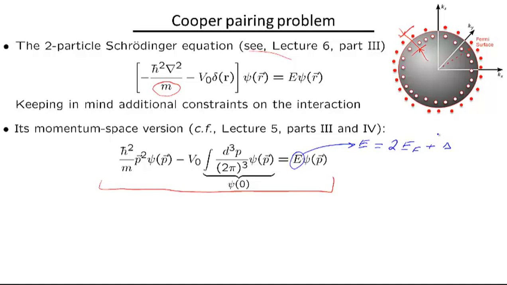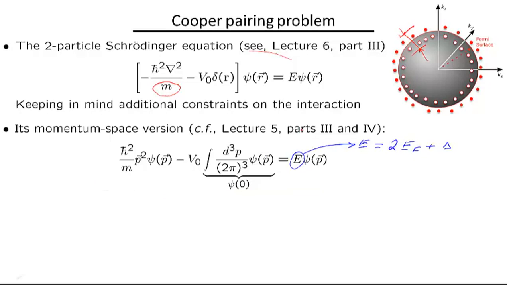If this delta is negative, it means that we can form a bound state, and by doing so lower the energy. This fact actually makes all the difference. This is how, mathematically, the fact that we're dealing with this two-dimensional Fermi surface manifests itself in this equation.